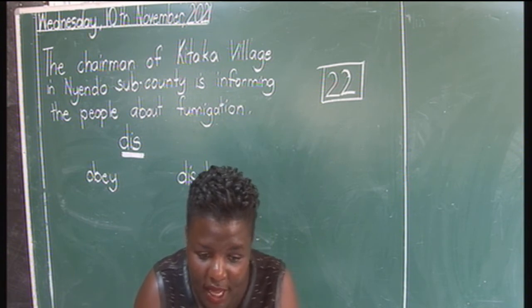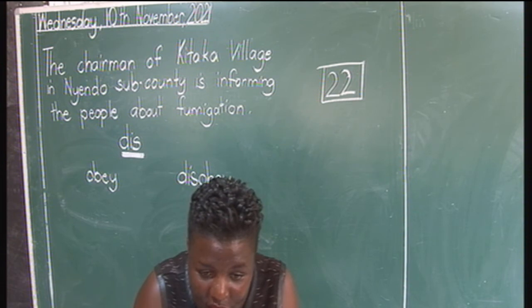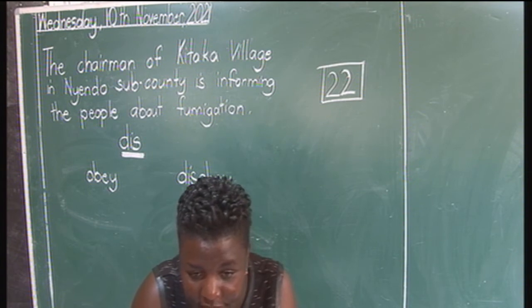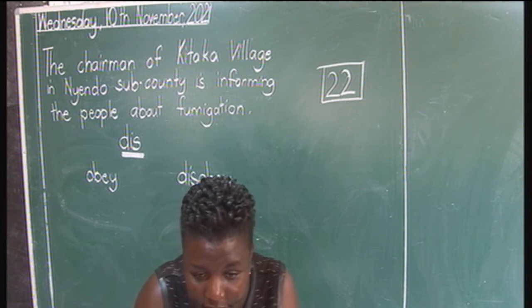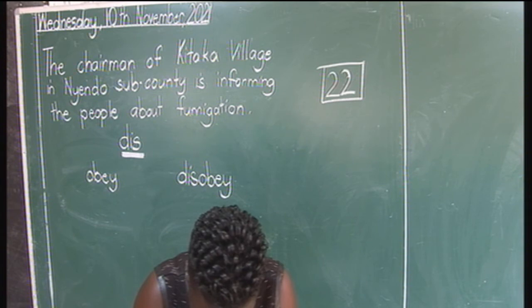Oh, Nasolo, I've taken long without hearing from you. Now, can you read for us that story? Adeline, I missed you. Unmute yourself. Last week, our science teacher told the pupils about diseases.